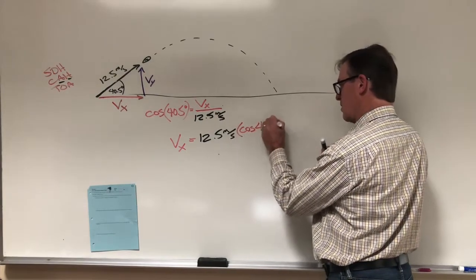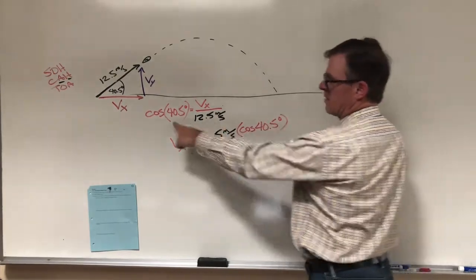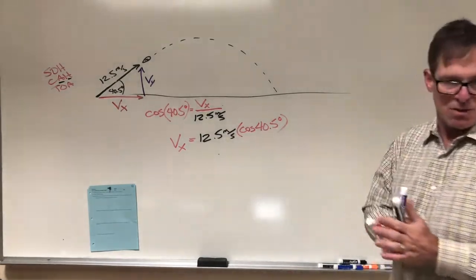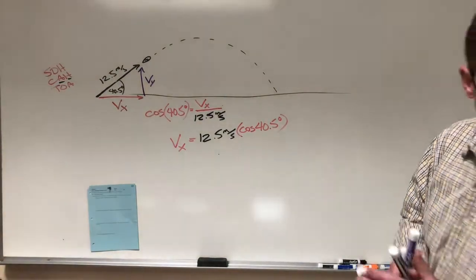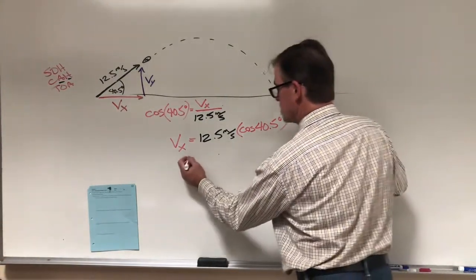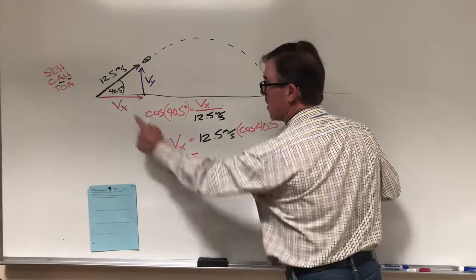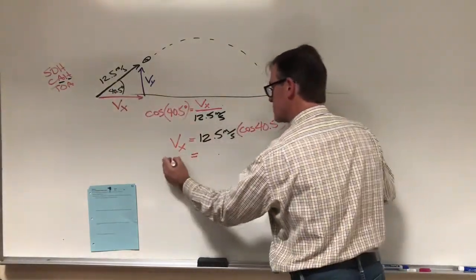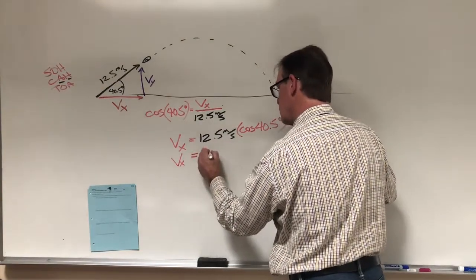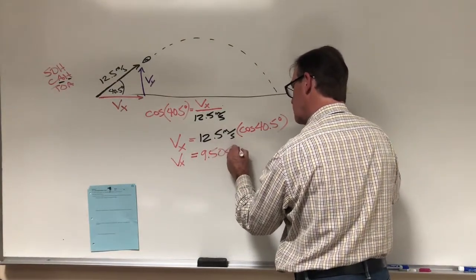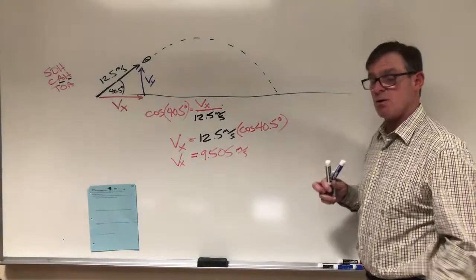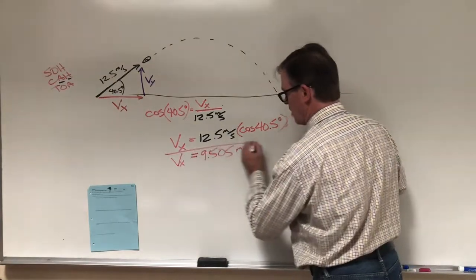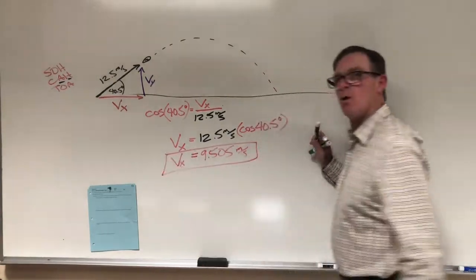It does not matter where I put the parentheses. At any rate, we can calculate that. And when we do, we get a value of 9.505. So the x component, or the part of this 12.5 that's completely sideways, is 9.505. Do that calculation and make sure that you agree that that is the value and that you're able to get that value the next time you have to do a problem like this for homework.